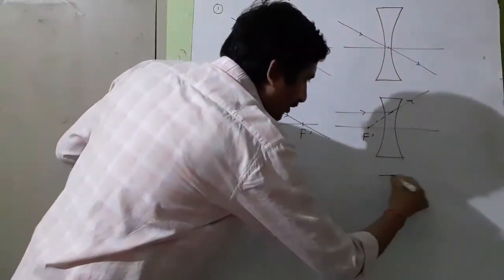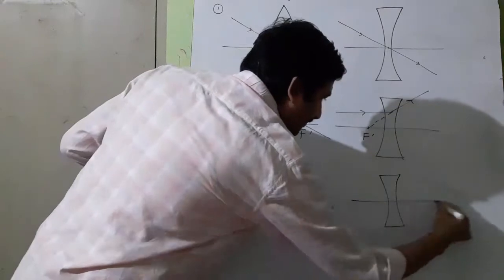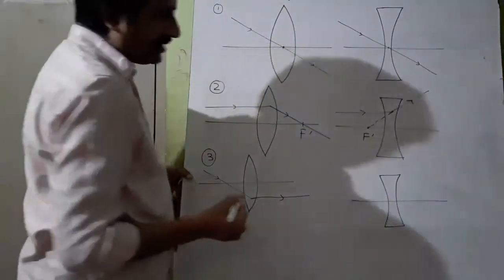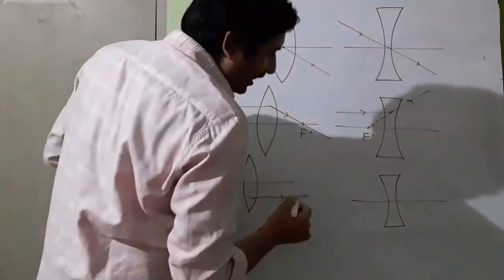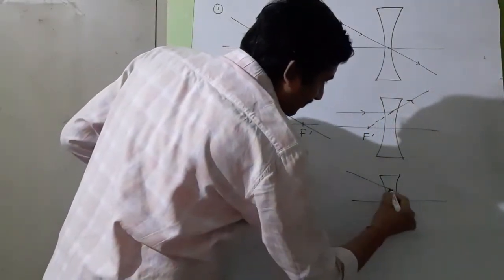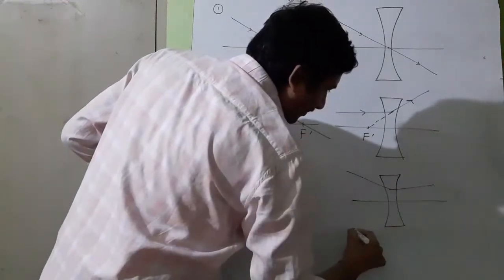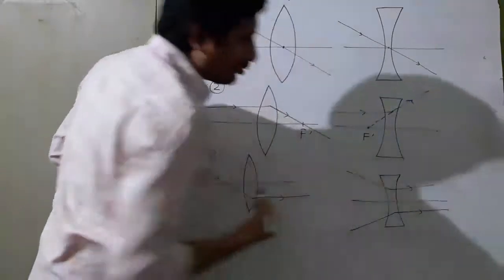In case of concave lens, if a ray of light is incident, appearing to be incident from focus, it will deviate and become parallel to the principal axis.